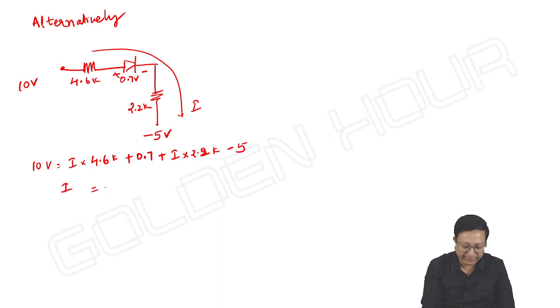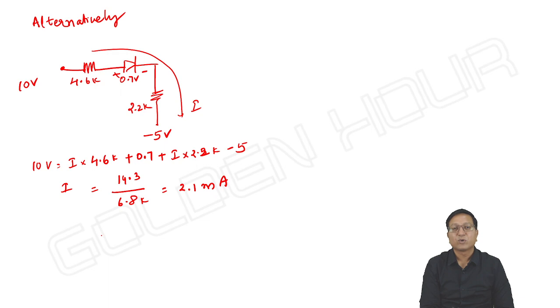From this, I is equal to 10 plus 5, 15 minus 0.7, 14.3 by 6.8K. It comes to be around 2.1 milliampere. Okay, I'm writing the answer here, 2.1.